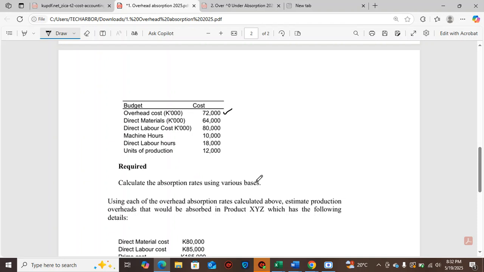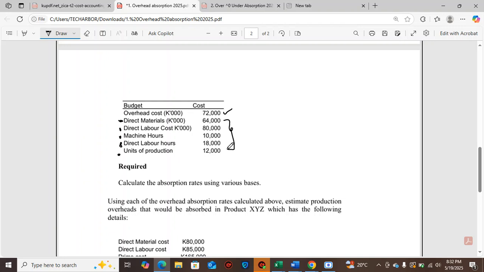So they've told us to calculate the overhead absorption rates using the various bases: direct materials, direct labor hours, machine hours, or direct labor cost, and also units of production. Now in the exam, it's up to you to choose. They rarely tell you which one to use.